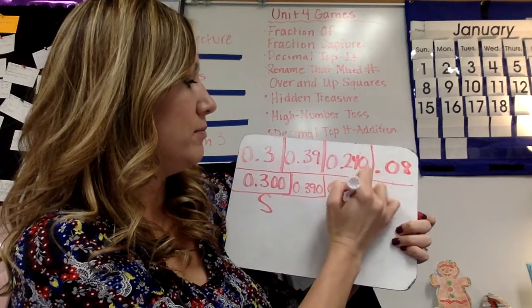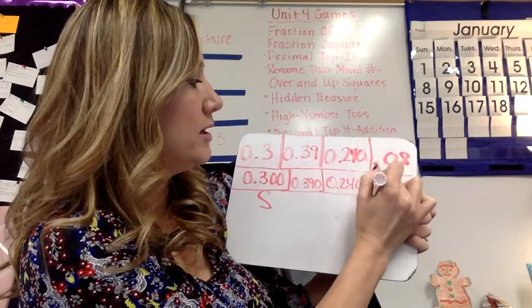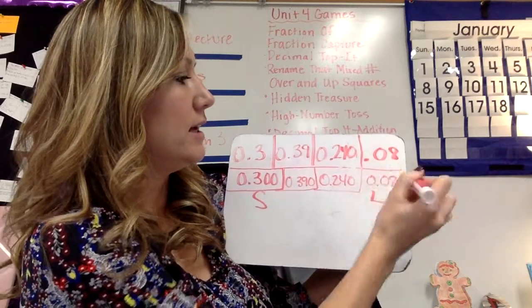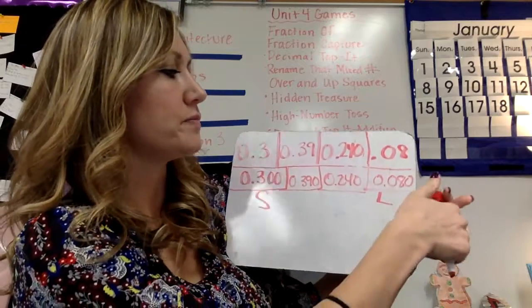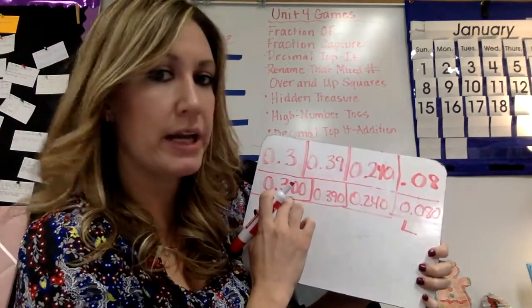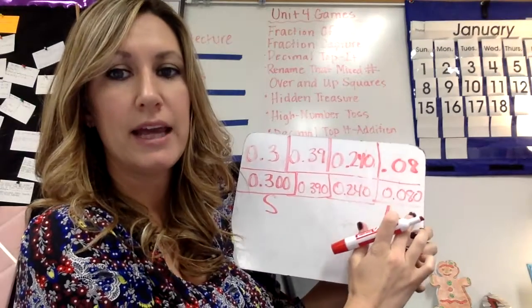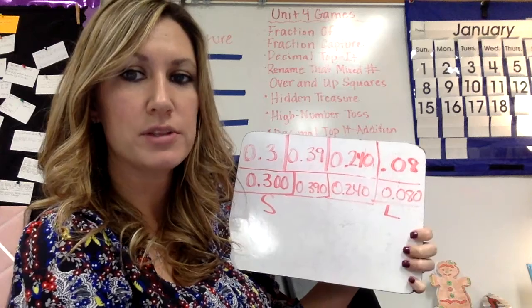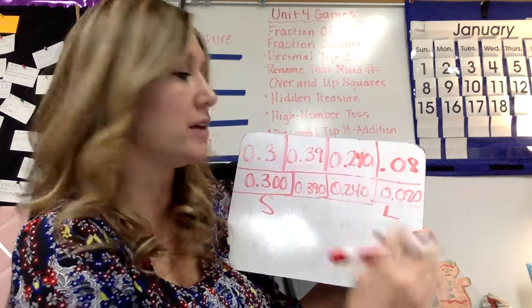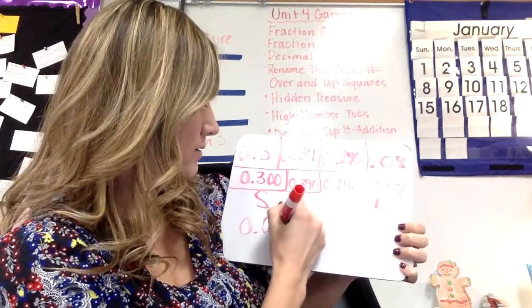This will stay the same because there's 3 digits already after the decimal. And this will become 80 thousandths. Now just simply say the numbers that are after the decimal: 300, 390, 240, 80. Out of all those numbers, which one is the smallest? Well, 80 is. So that's what I would start with when ordering these.